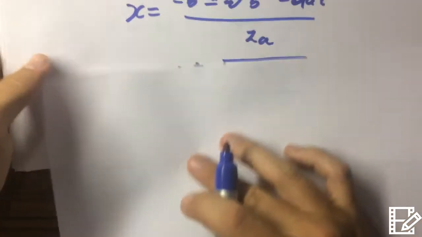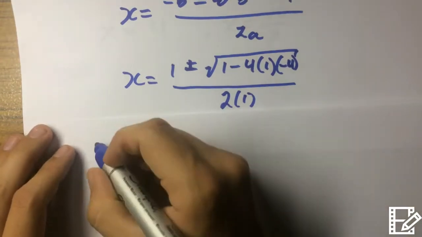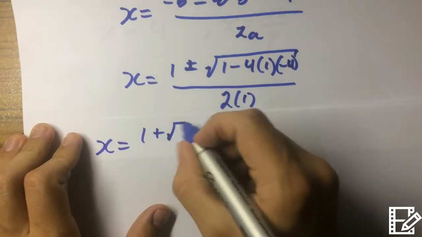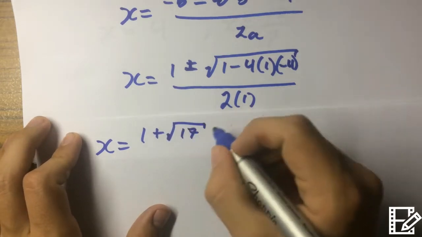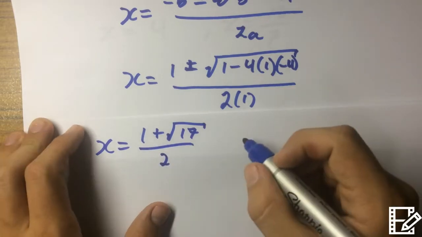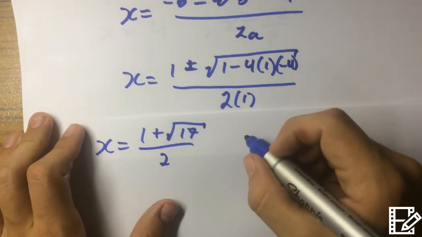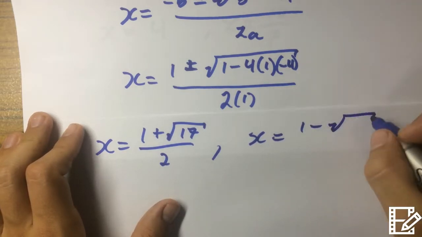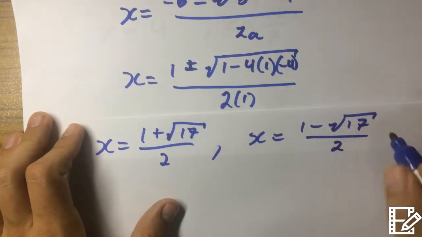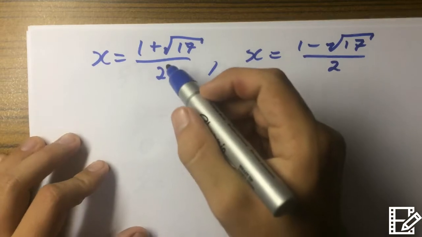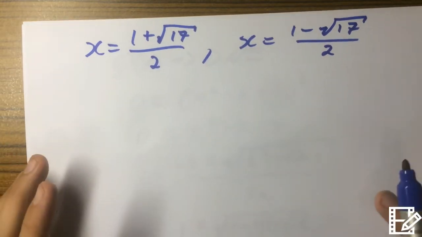And just like before, one x value will take the positive, so it'll be 1 plus the square root of 17, because this equals 17, all over 2, and the other x value will be 1 minus the square root of 17 all over 2. Now, I'm not going to go any further with this, just because it'll make it decimals and it'll be a pain.